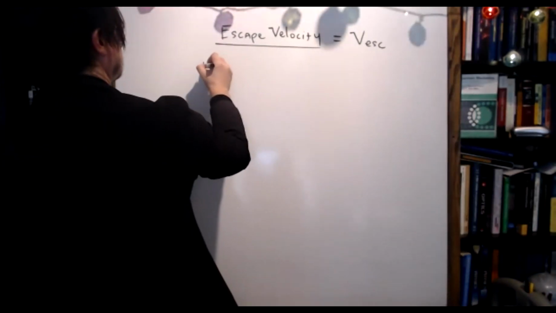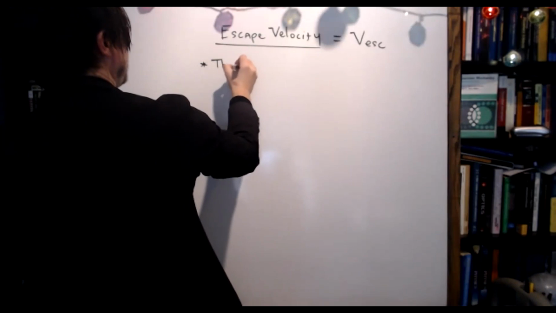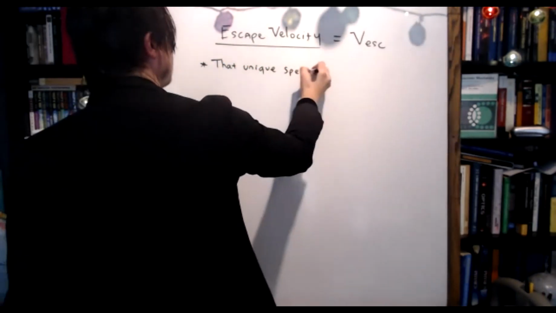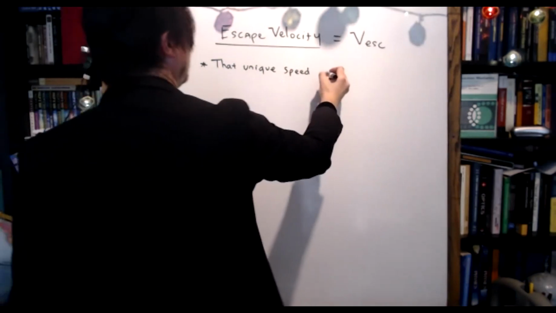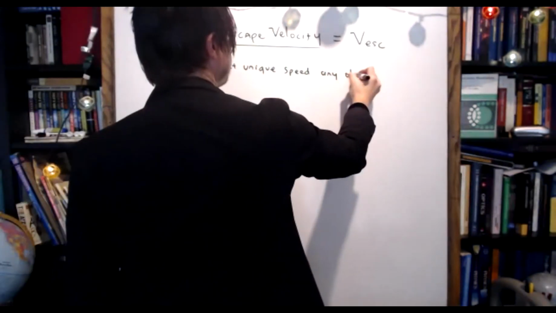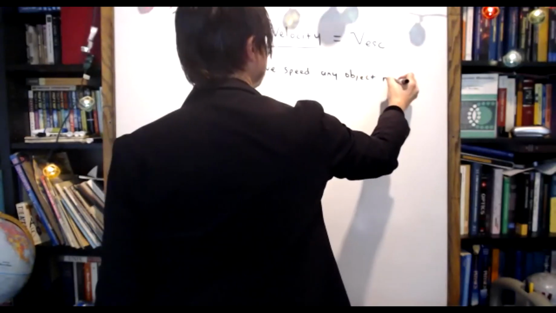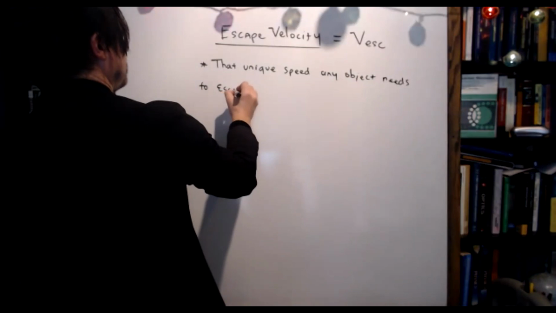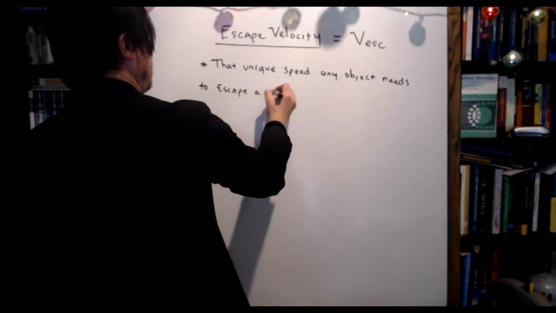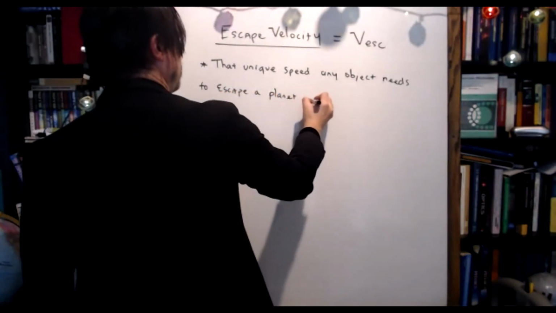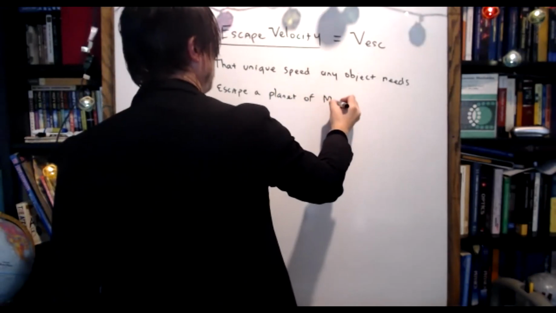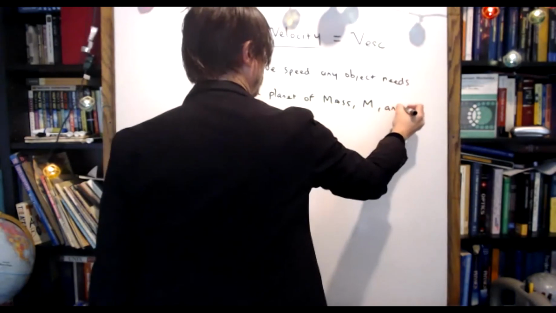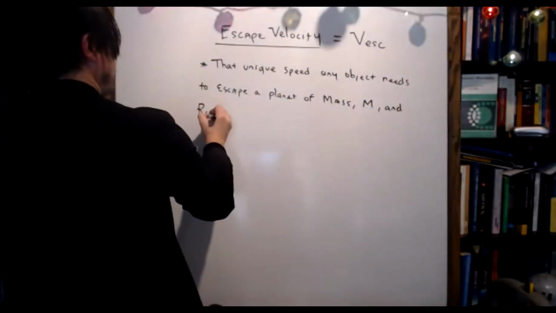Escape velocity is that unique speed that any object needs to escape a planet of mass m and radius r.